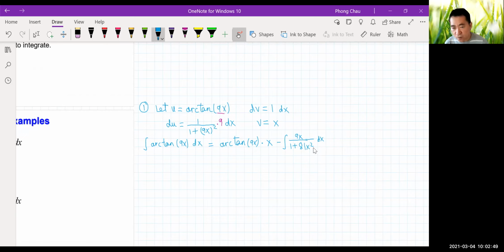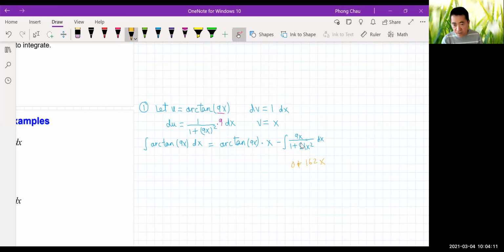We will take the derivative of the denominator and see what we have. The derivative of 1 plus 81x squared is what? 0 plus 2 times 81x, that is 162x. So it looks like the derivative of the bottom is 162x.